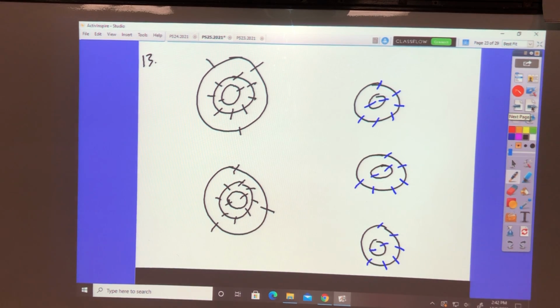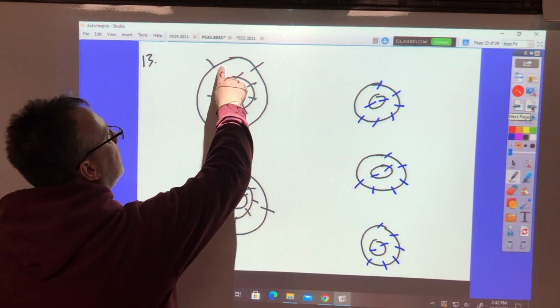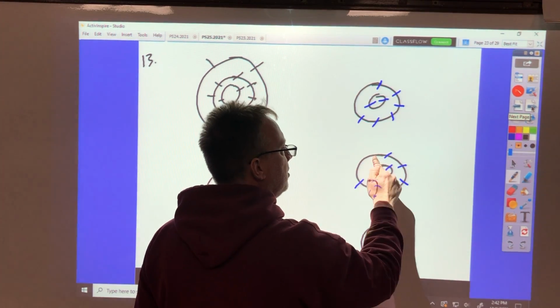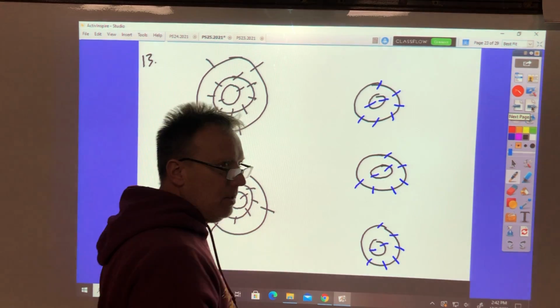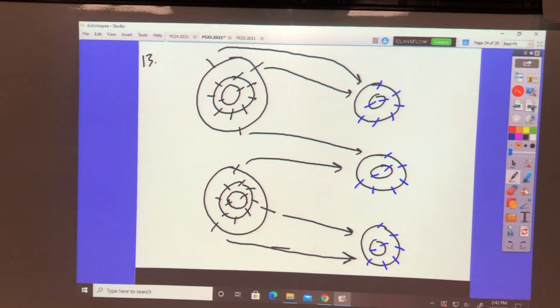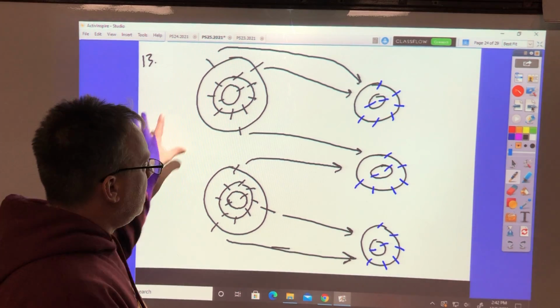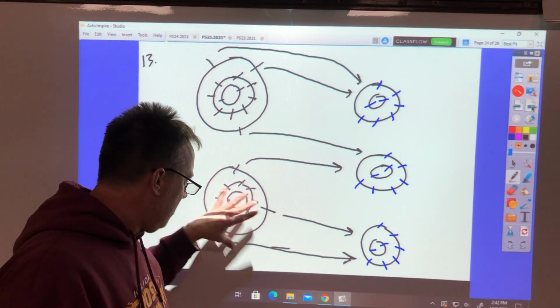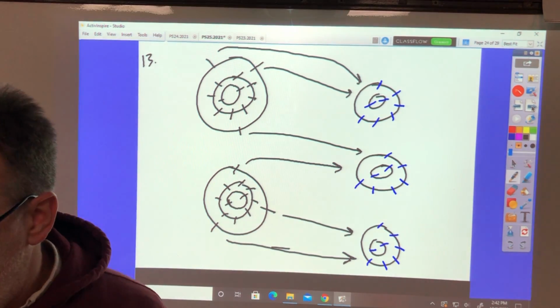So 2, 3, 4, 5, 6. I need 1, 2, 3, 4, 5, 6. On the next screen I probably have arrows. There we go. Once these two move here, and this one moves here, and this one moves here, and these two move here, we have ions.